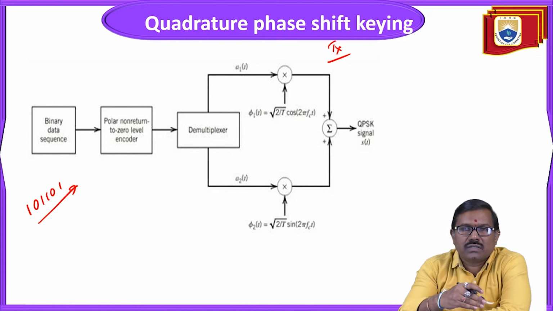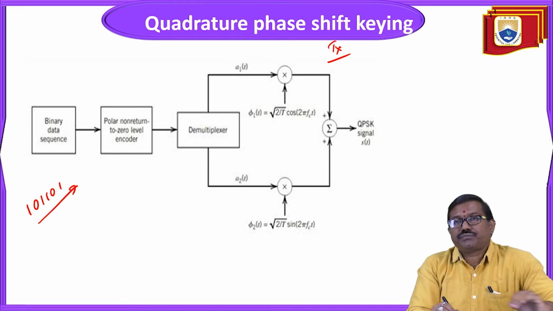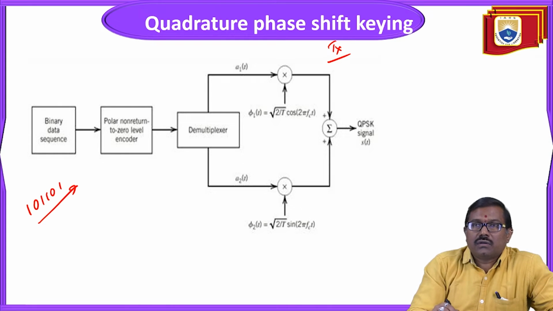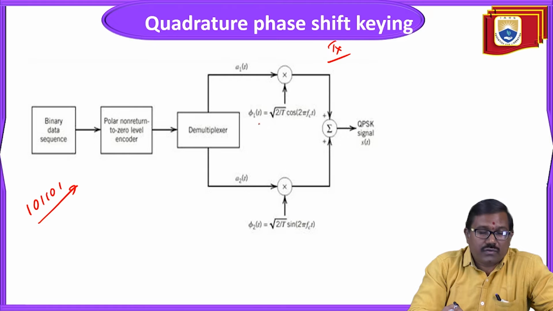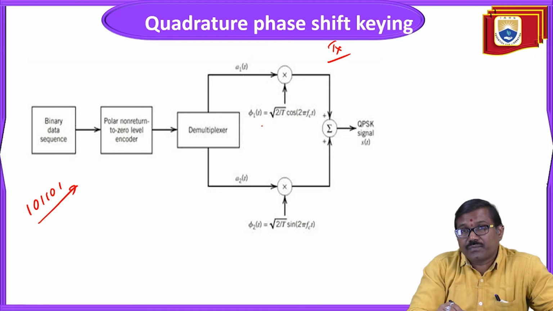The demultiplexer distributes those values to the upper channel and the lower channel. And again the upper channel is multiplied with phi 1 of t. What is phi 1 of t? It is a basis function. Already we discussed it in PSK, FSK.